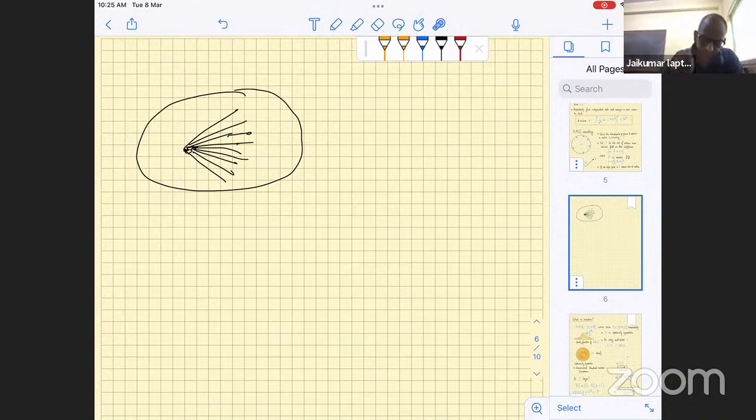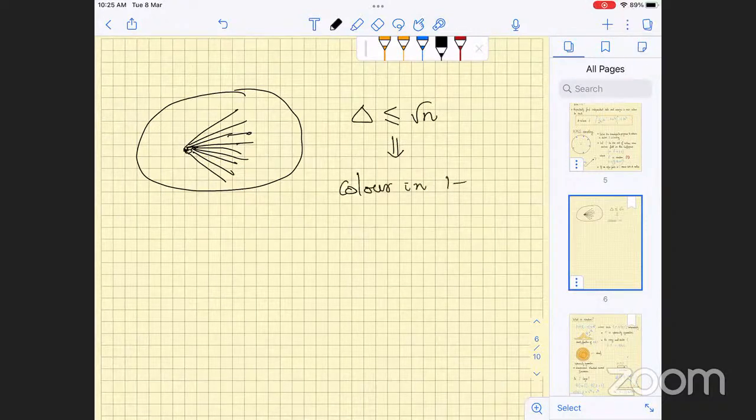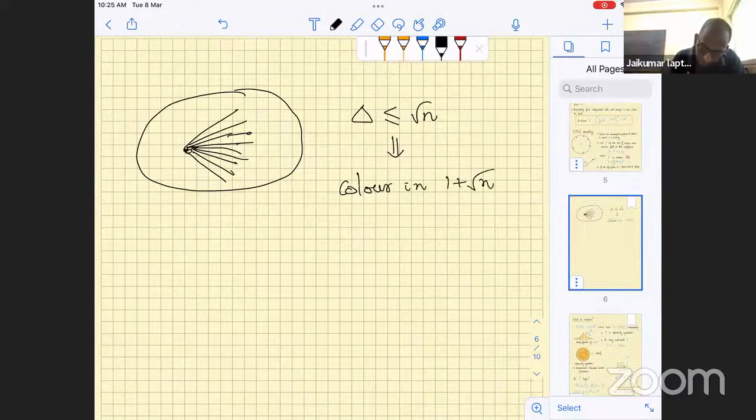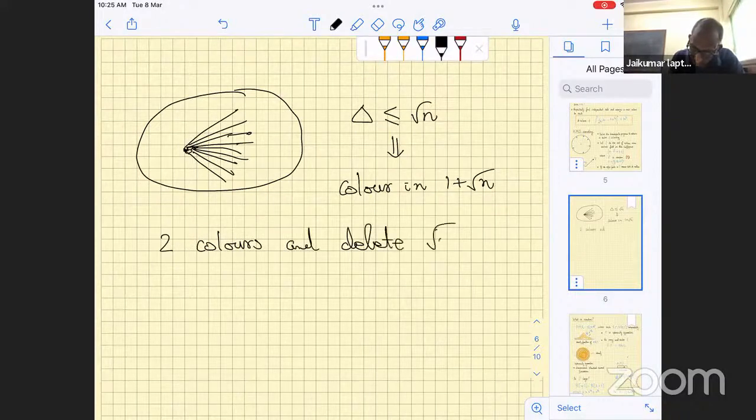So if all degrees are less than square root n, then we can color in how many colors? 1 plus square root n. And whenever there is a vertex of high degree, we will color with 2 colors and delete square root n vertices from the graph.